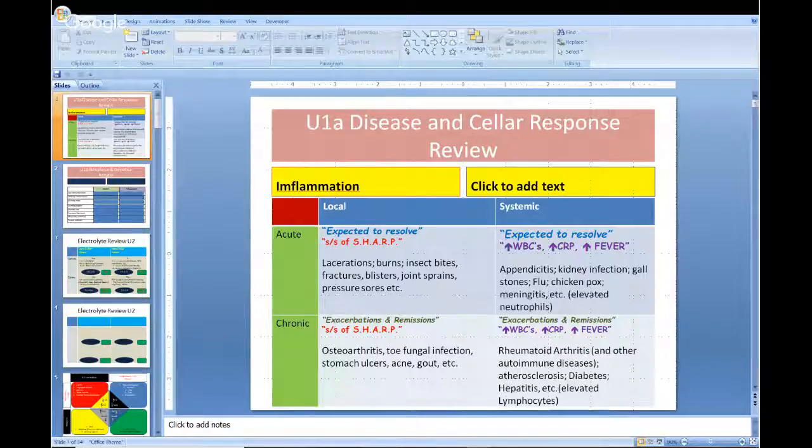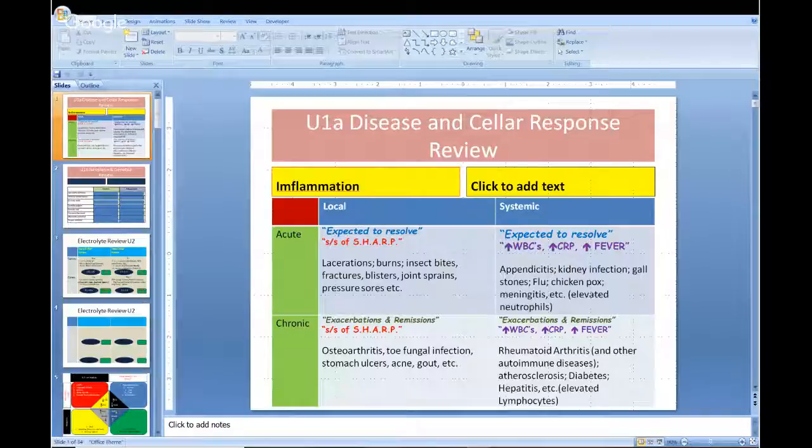Okay. And one more thing. So this is applied to our neurological system because we know like diabetes will be chronic, but no sharp signs and symptoms will appear, right? No. If it's diabetes and it's going to be chronic systemic, we're going to have bouts of exacerbation or remission with elevated immune response, white blood cells, CRP, and fever.